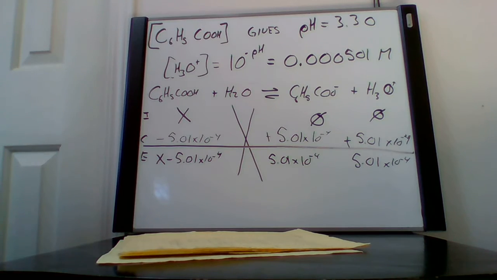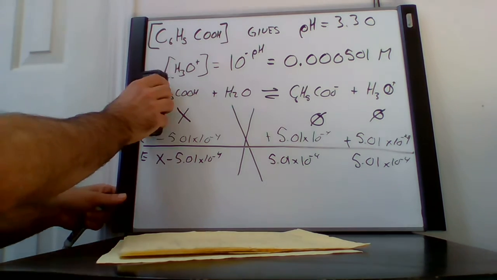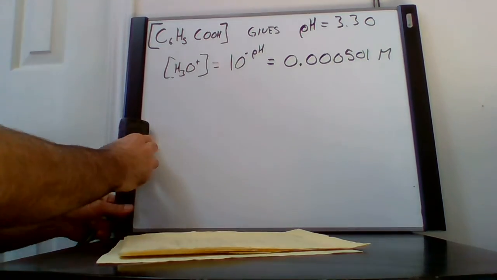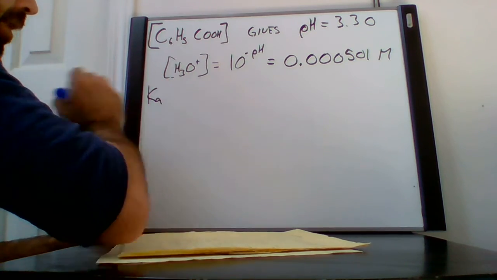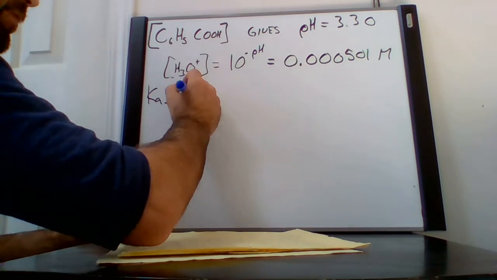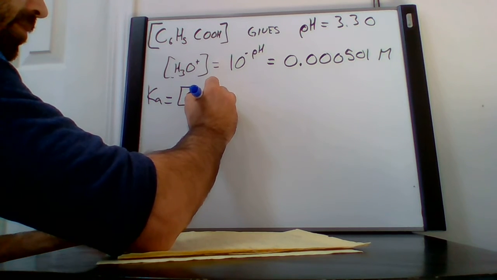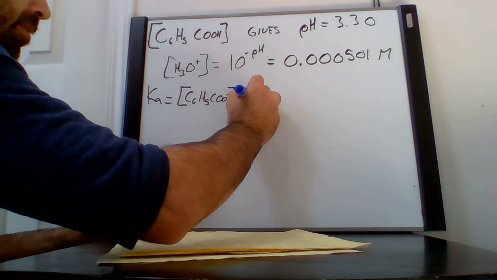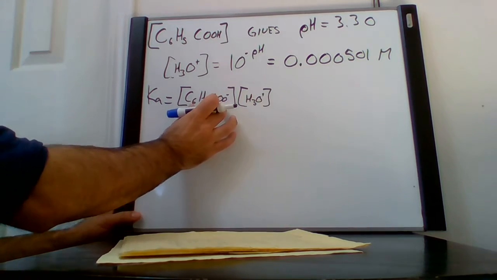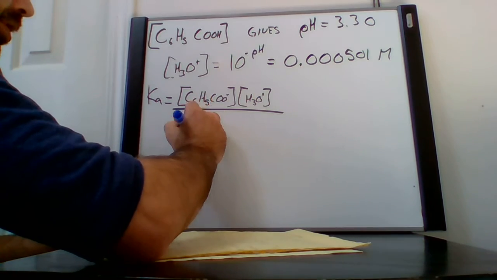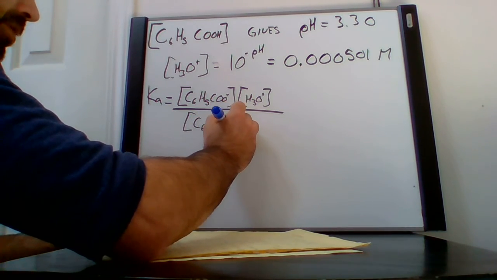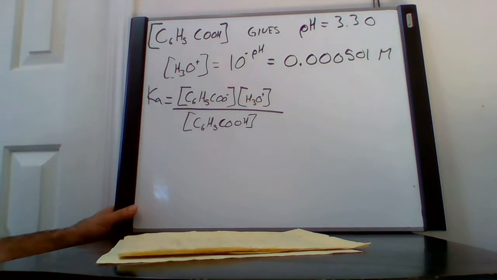Okay, we are going to use these equilibrium values to figure out our Ka expression. So we have our Ka is the concentration of our products, our benzoate ion and our H3O plus, our hydronium ion, divided by the concentration of the benzoic acid.